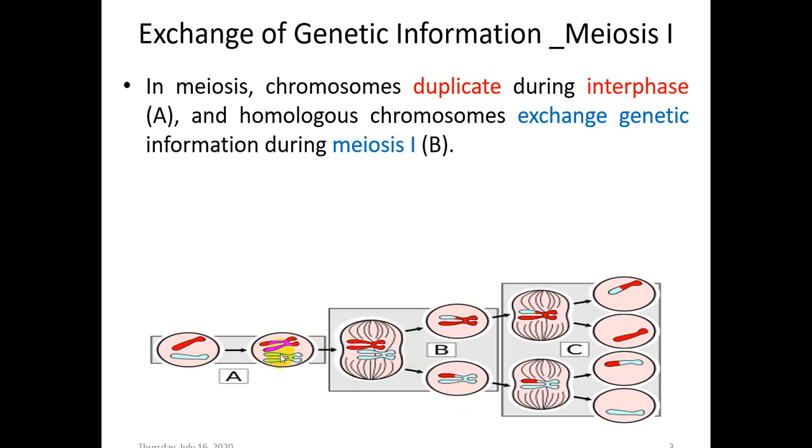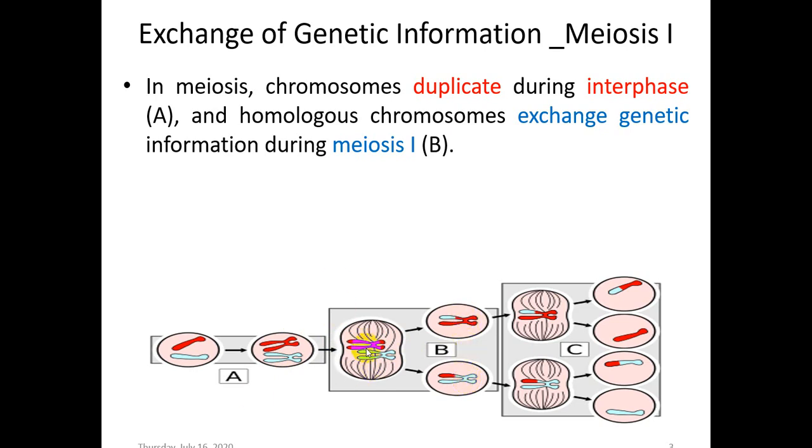So first duplicated, then the cytoplasm enlarged, spindle formed, and the chromosomes stick to the spindle through their centromeres. Okay, and later on this will be divided into two daughter cells.